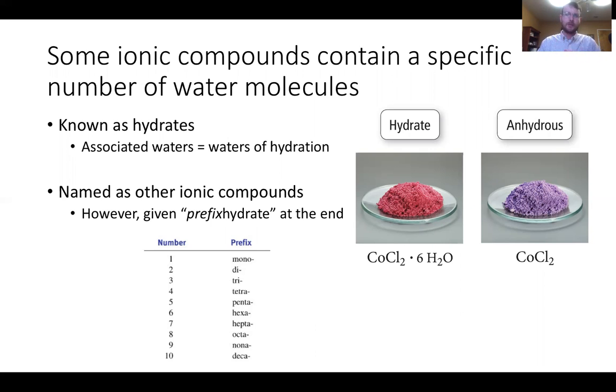So I want you guys to just think about this a little bit. I want you guys to practice naming some ionic compounds, and then I'll give you guys even more. I want you guys to name more compounds on your own to see if you can start working through a few of these different problems, and then let me know how it goes.